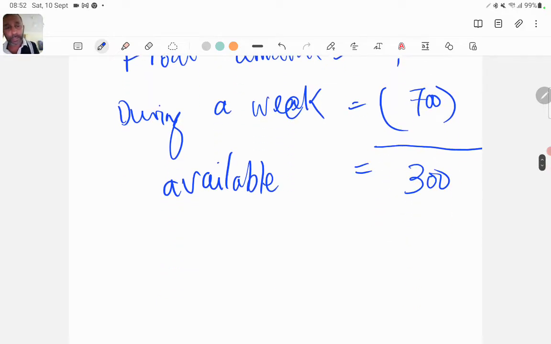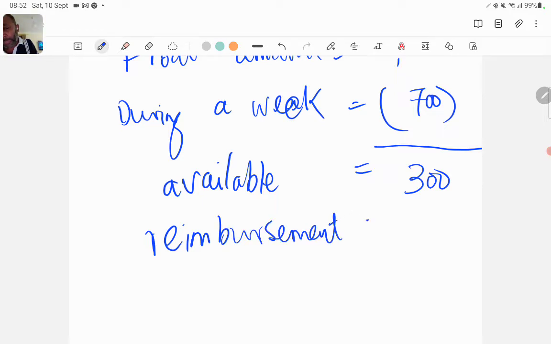is 300. So when the available balance is 300, and if this is the time for reimbursement, now we are following imprest system, the reimbursement amount will be exactly equal to the amount we spent, that is 700.